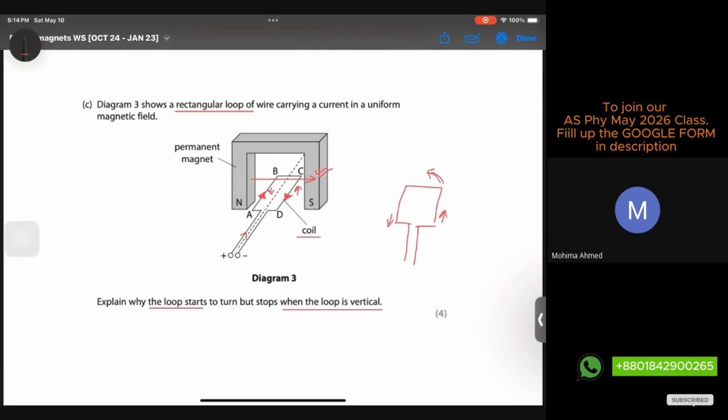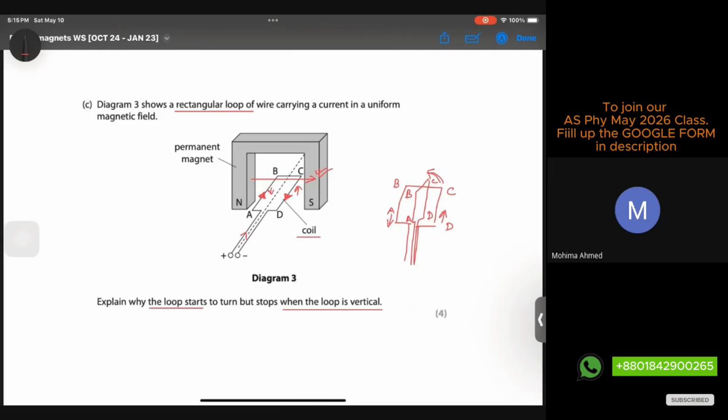After rotating 90 degrees, the coil will be in this position. This is your AB and CD. After exactly 90 degrees, CD is on top and AB is on the bottom. In this case, what happens this time? No force will be exerted in this situation. Wait a minute.